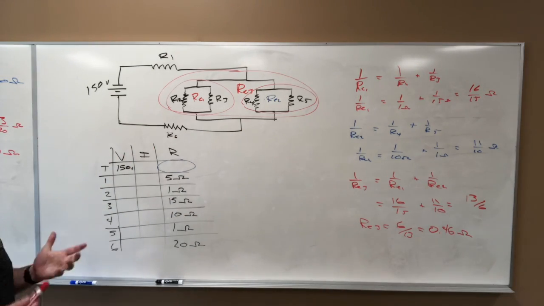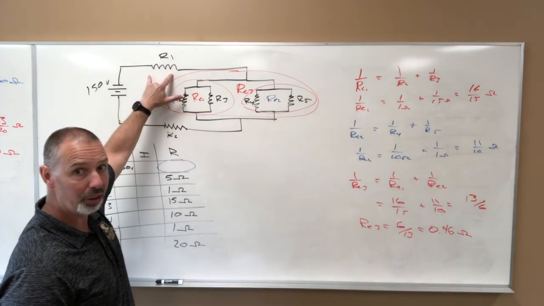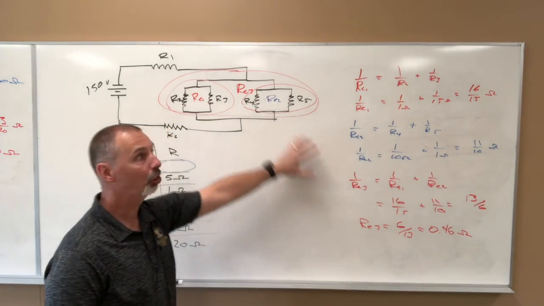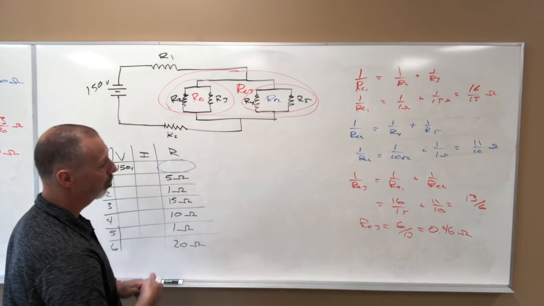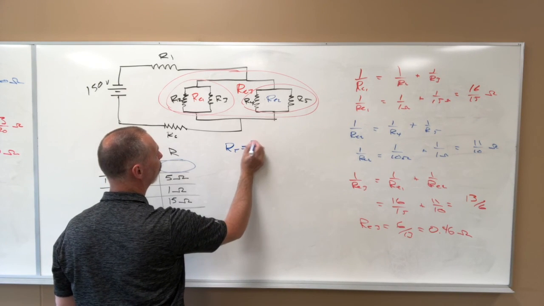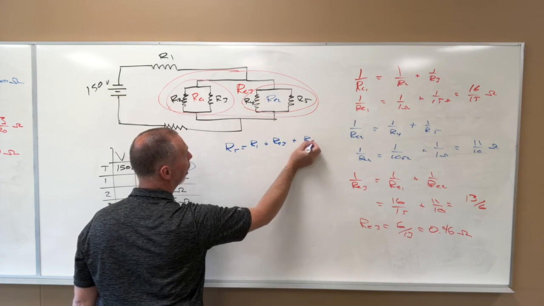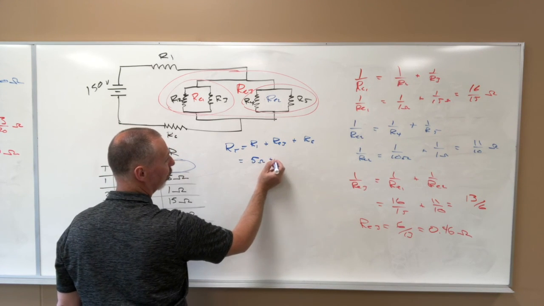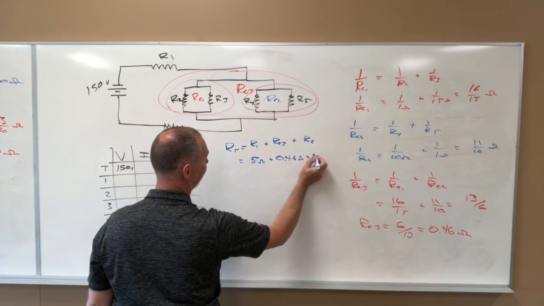Now we're ready to find our total. Our total is RE1 plus the resistance from this section, which is 0.46, plus R6. So our total will equal R1 plus RE3 plus R6, or 5 plus 0.46 plus 20.